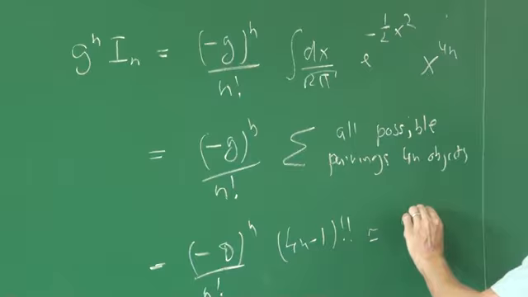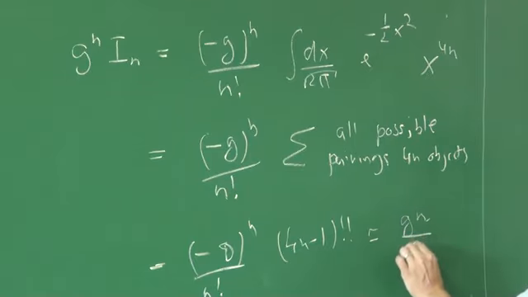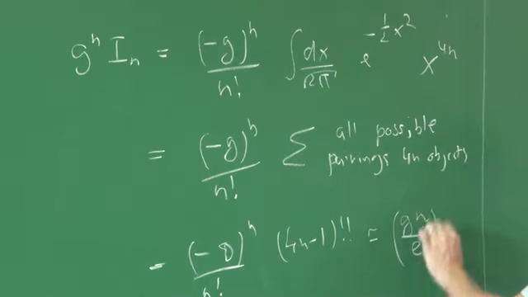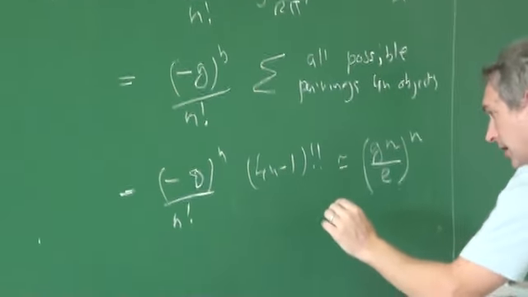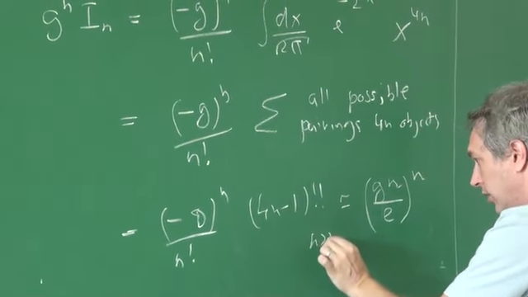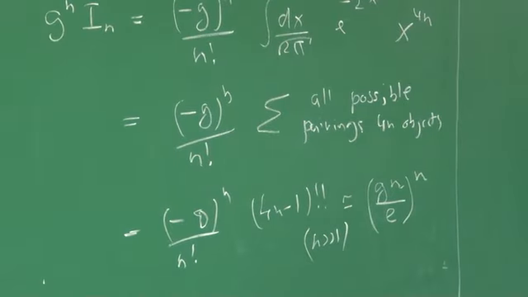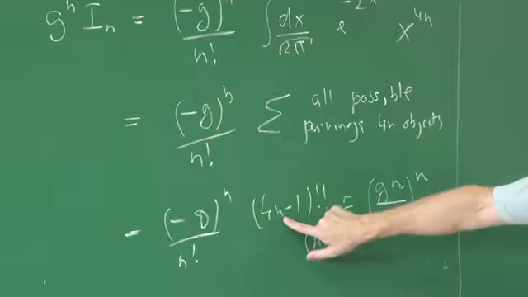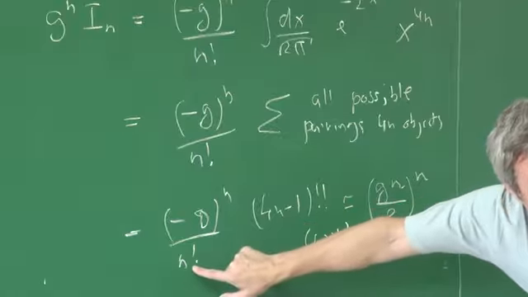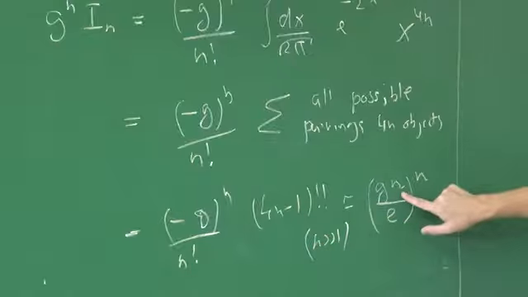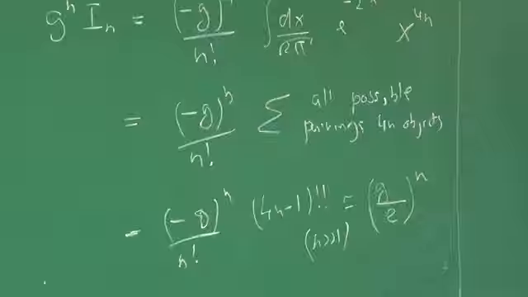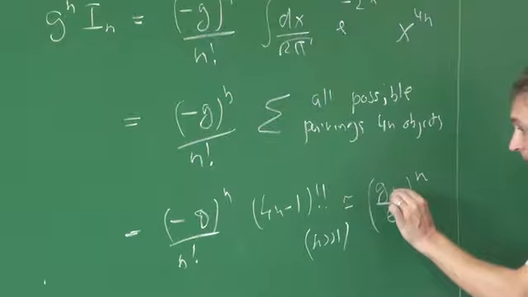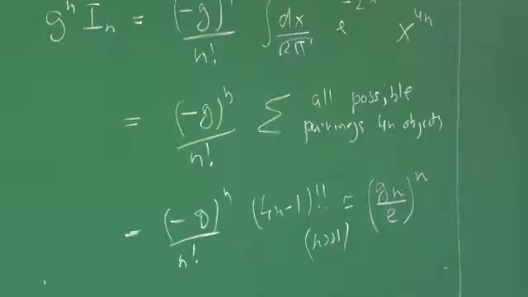Actually, for n being much larger than 1, using Stirling's formula, you can show that the combinatorial factor from the 4n minus 1 double factorial and the n factorial here will give you a remaining n to the power of n. Okay? This is based on these kinds of estimates.